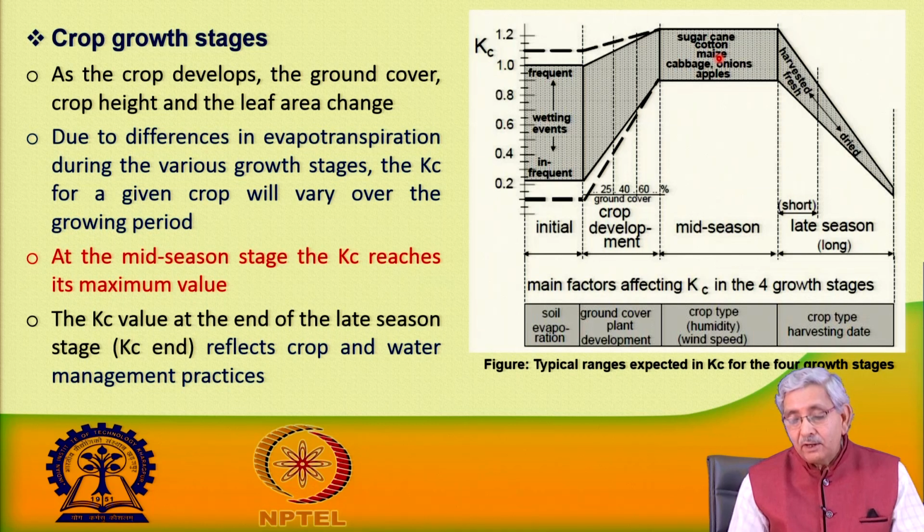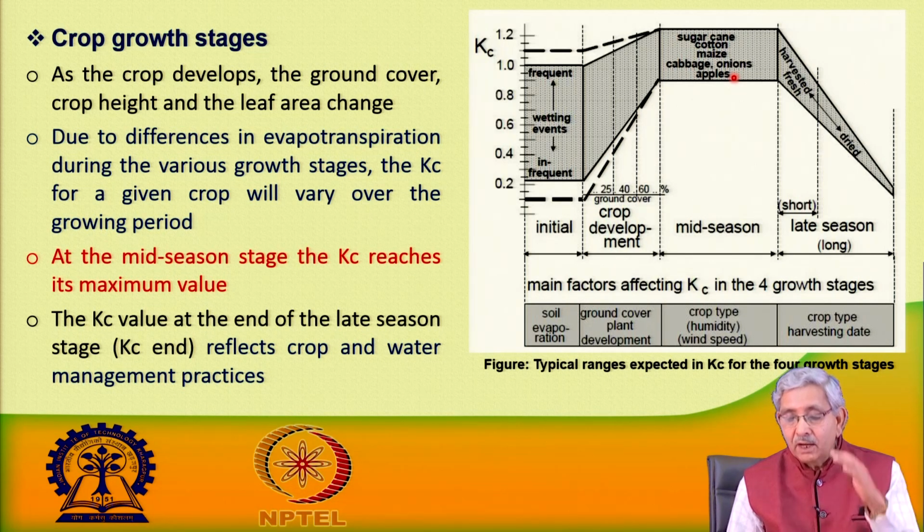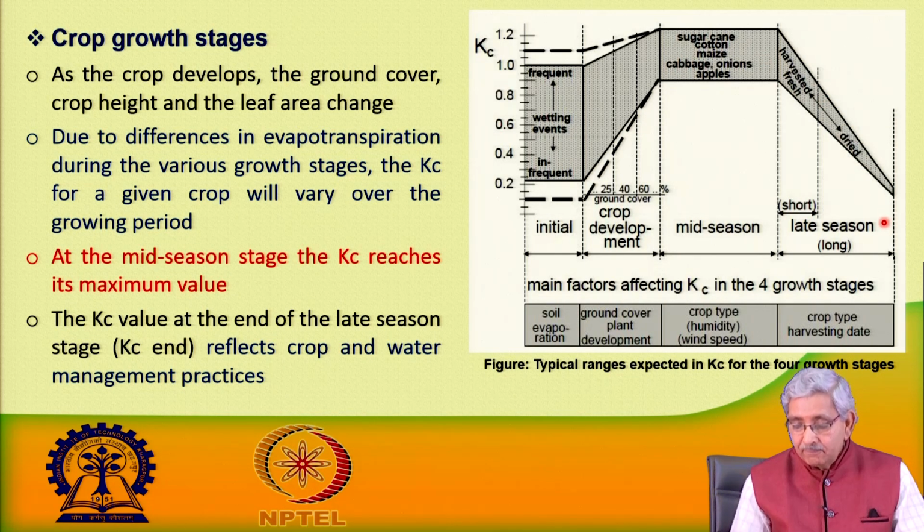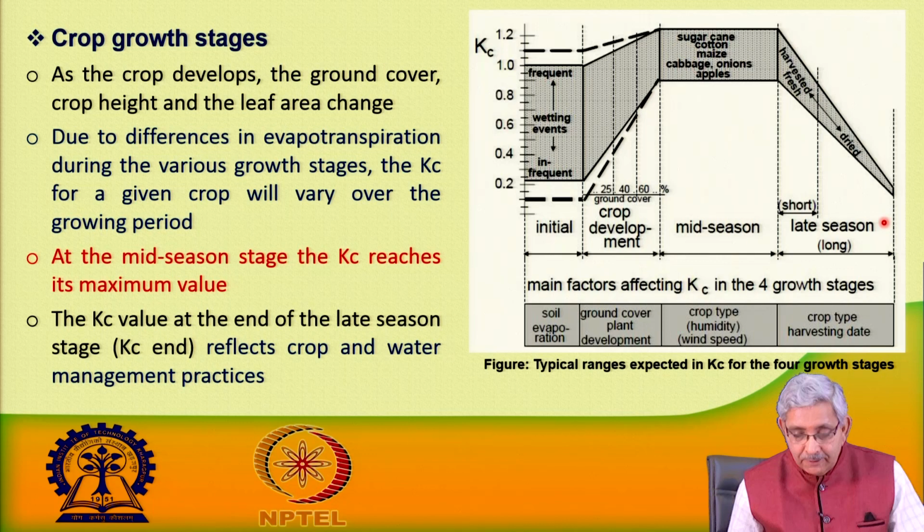Now, a variety of crops are shown. The Kc value is lower for short height crops, say cabbage, onion or apples, as compared to sugarcane, cotton or maize. For the crop harvesting stage or drying stage, the Kc value reduces drastically. So, these 4 crop growth stages influence the Kc value, and the Kc value is also influenced by the soil moisture condition and the type of crop.